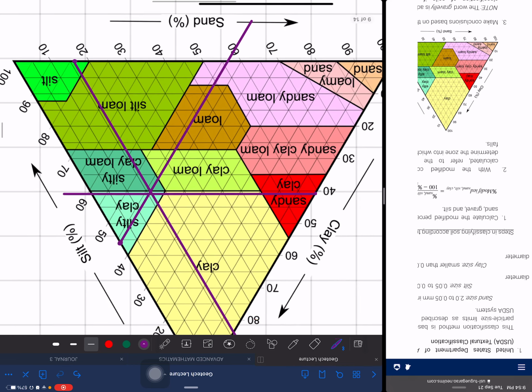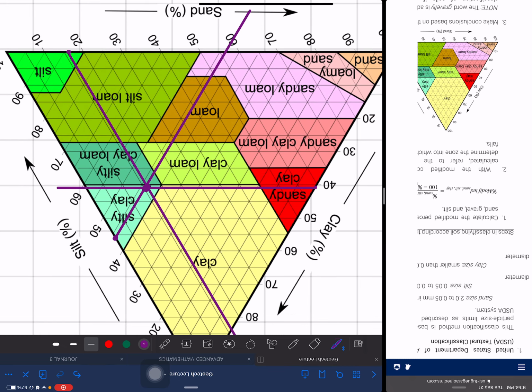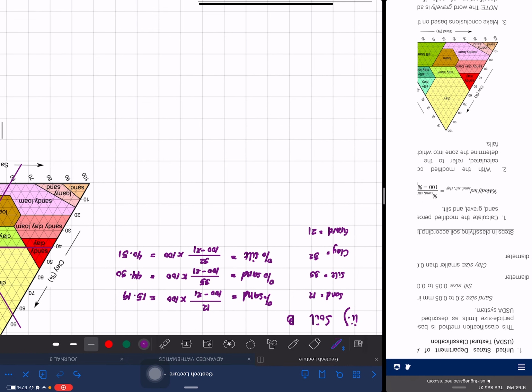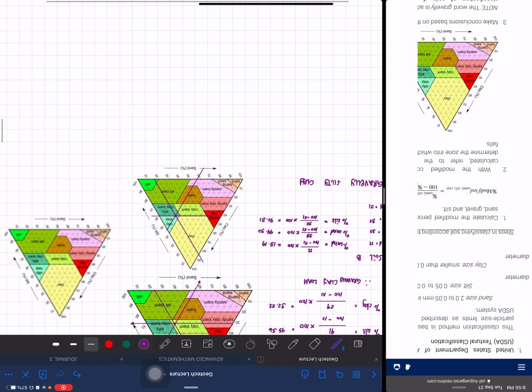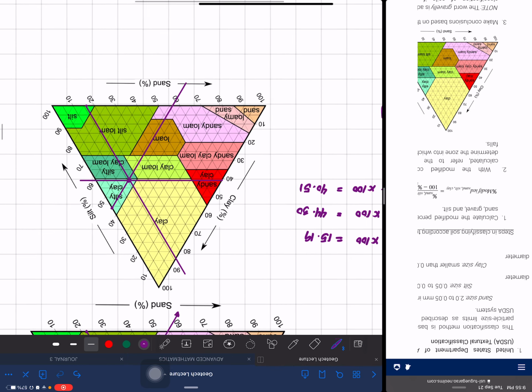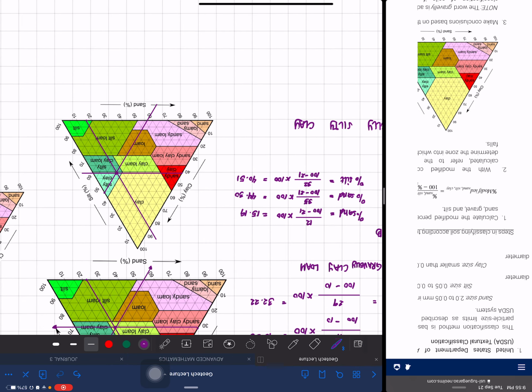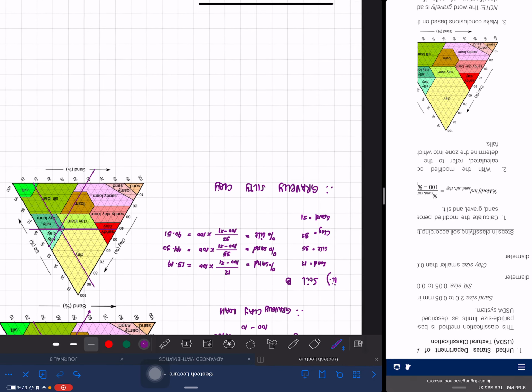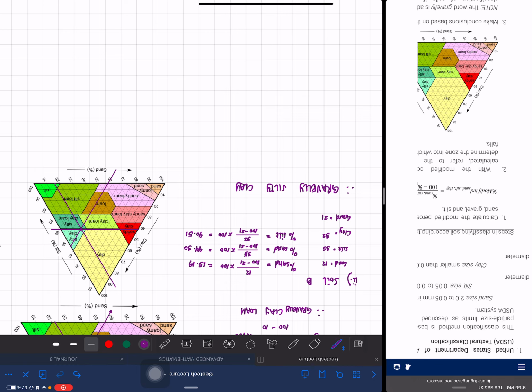So I think the intersection of the 3 is somewhere here. So it will be classified as gravelly silty clay. Gravelly silty clay. So, ayan. So we have gravelly silty clay.